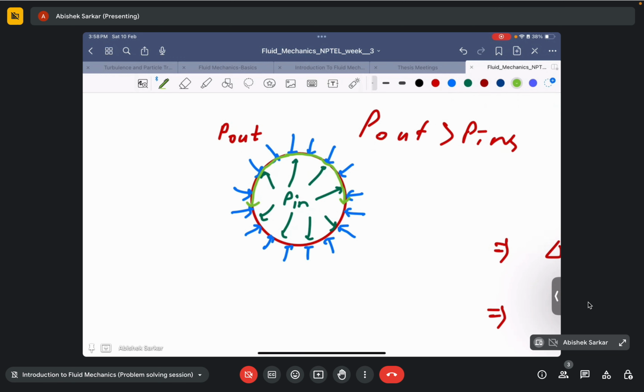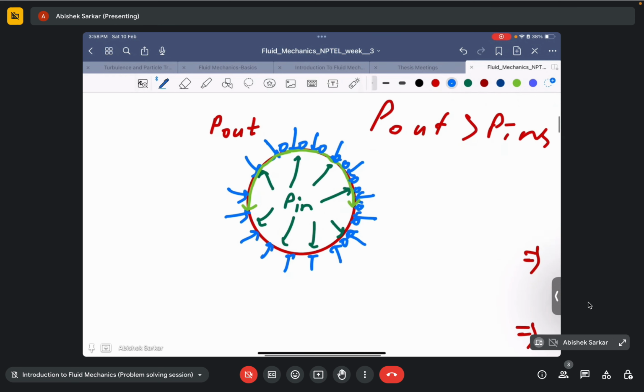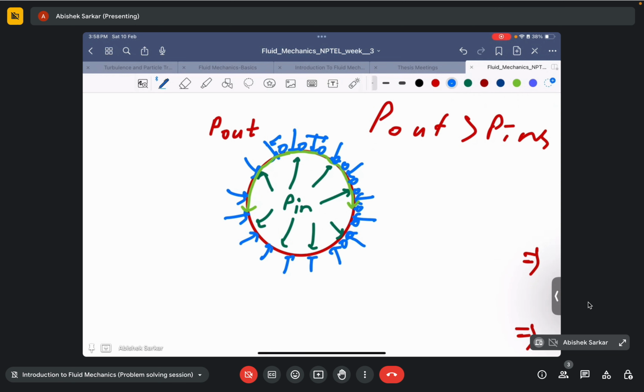Is it understandable? Okay, so within this liquid surface there are, say, n number of liquid molecules. Now, if the size of this bubble increases for some reason, these molecules will move apart, right?